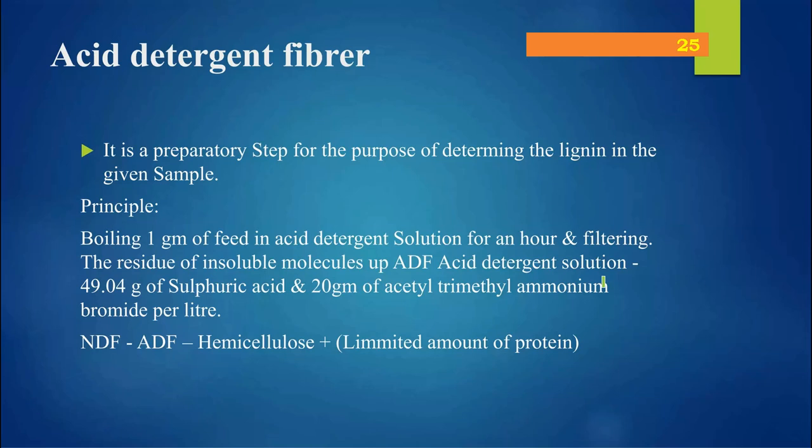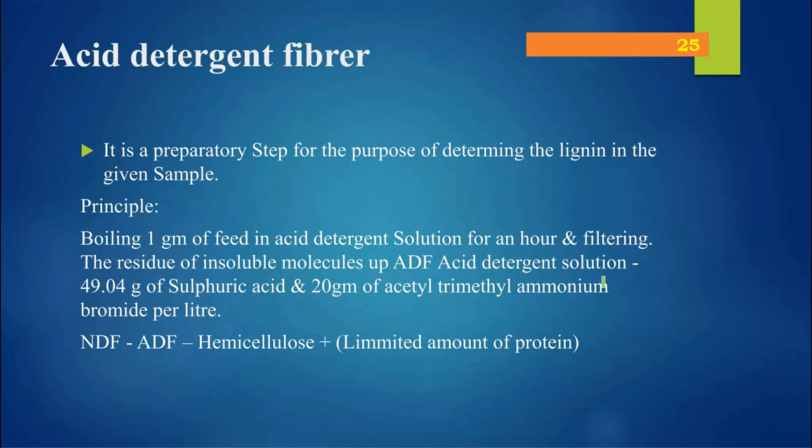Then the next terminology is acid detergent fiber. It is a preparatory step for determining the lignin in the given sample. The principle is that the remaining sample we retain is subjected to boiling.